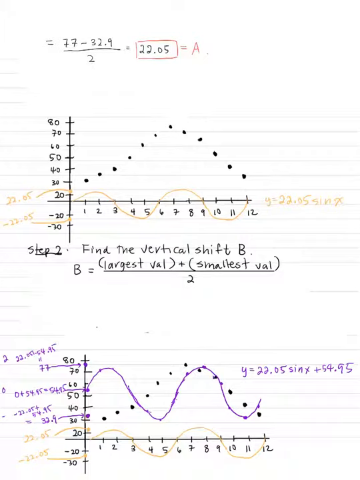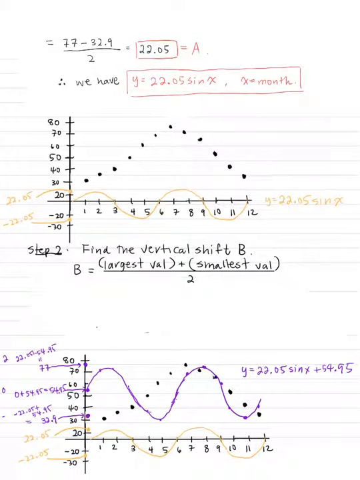So what do we have so far? We have y equals 22.05 sine of x so far, where x is the month. In the graph below, I already drew the picture ahead of time.